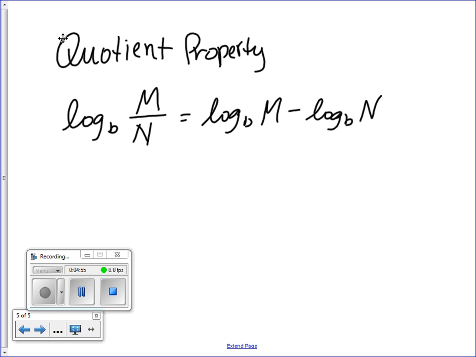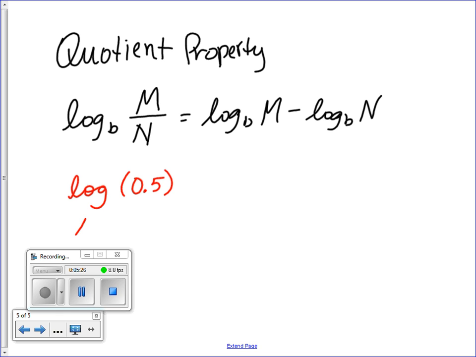Again, why do I care? Well, what if I need log of 0.5? What if I'm not on my chart? My chart goes from 1 to 9.9. Can I create a quotient that is equivalent to 0.5?